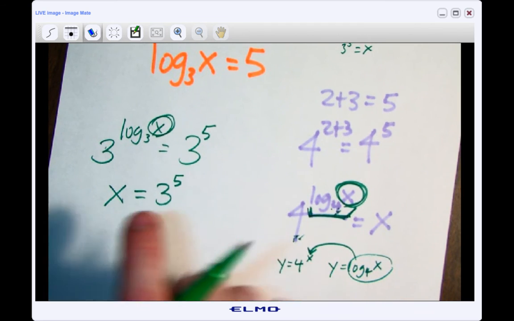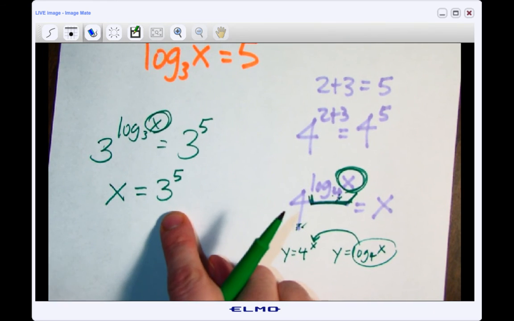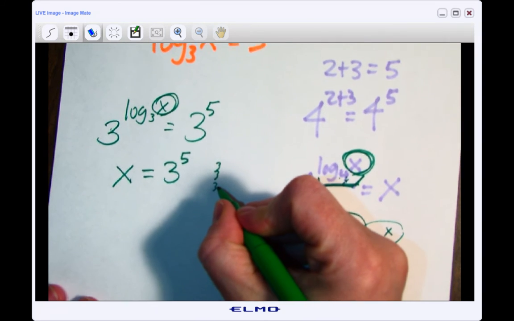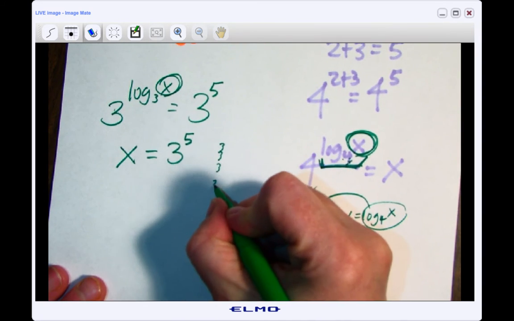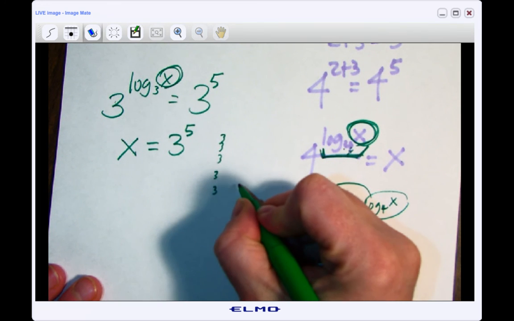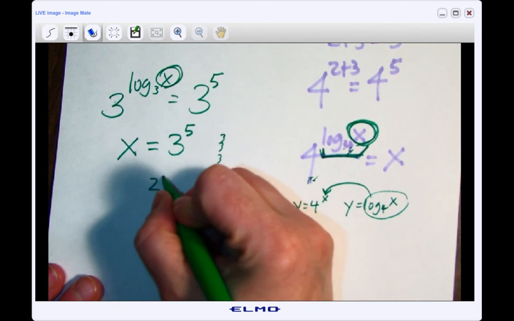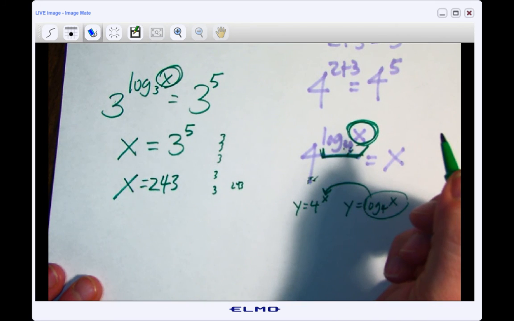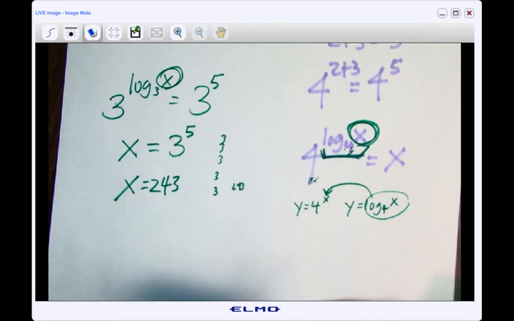So it worked out the same. So x is whatever 3 to the 5th is, right? So 3 times 3 is 9, times 3 is 27, times 3 is 81, times 3 is 243. I want to say 243. Am I right about that? I hope so.